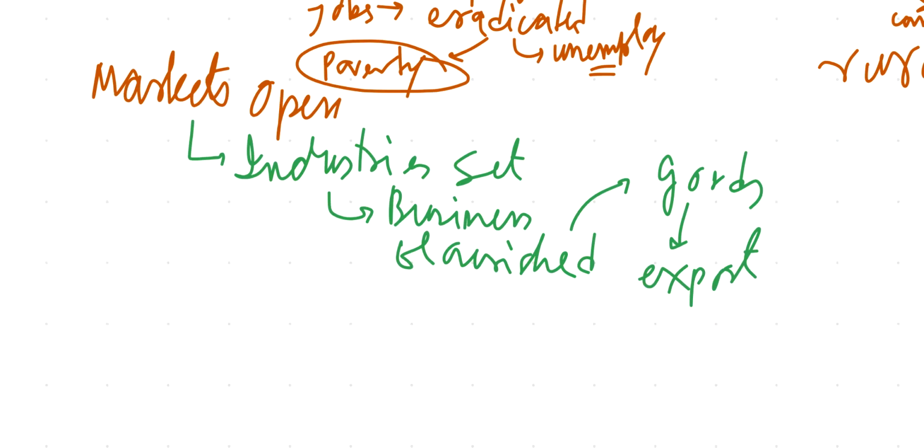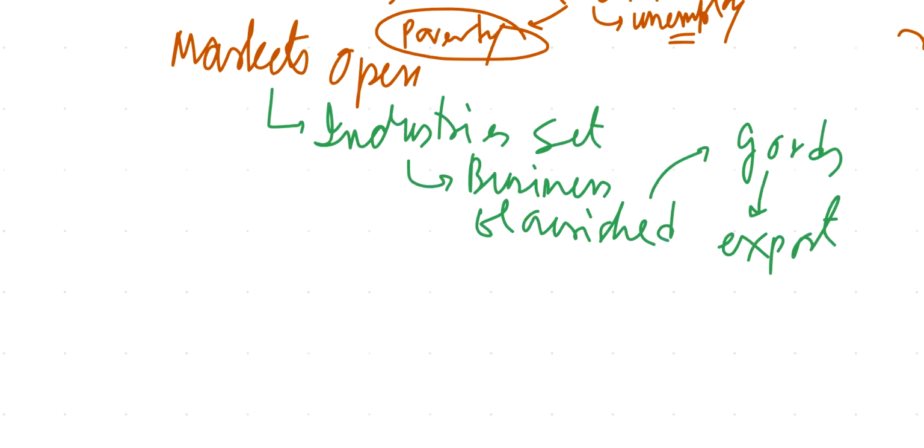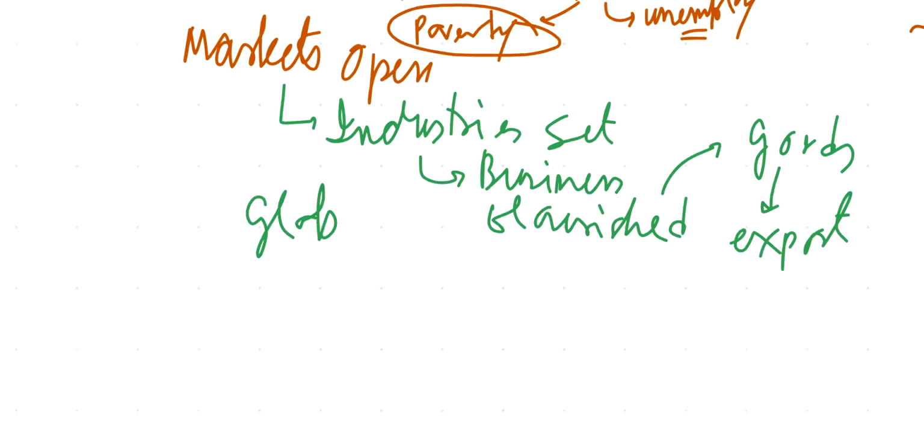And we know that after globalization, what is globalization? Globalization is the interconnectedness between the markets of different parts of the world. Now, one concept is liberalization.